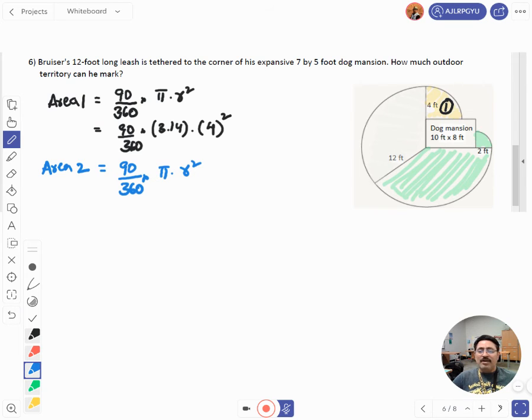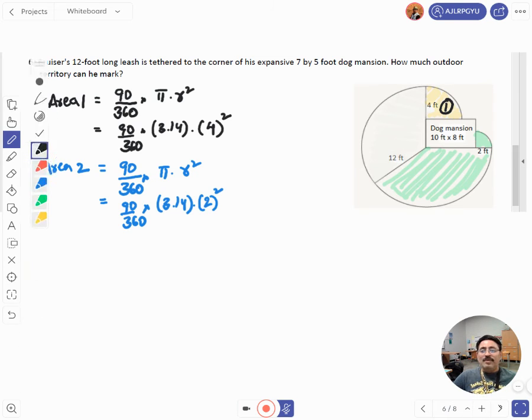That computation part, I'll do it at the end at once. So 90 over 360 times pi value multiplied by, what is the radius? You see that here it is 2 feet, right? Therefore, radius square.